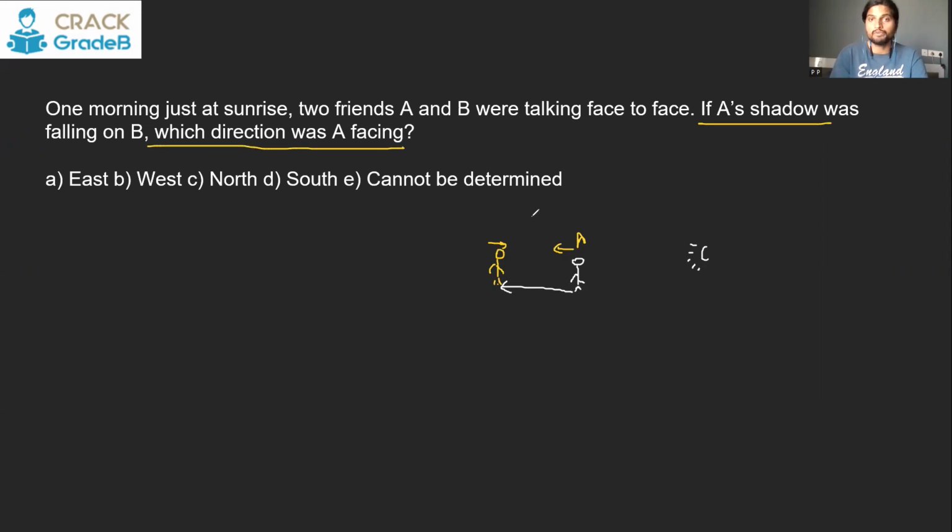A was facing opposite of the sun, because they were talking face to face. It means A is facing B and B is facing A. So if A's shadow is falling on B, A is facing west. The answer is going to be west.